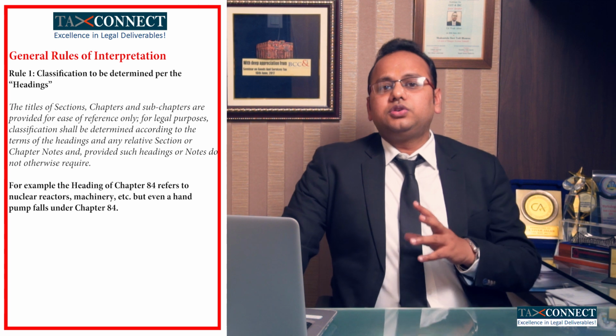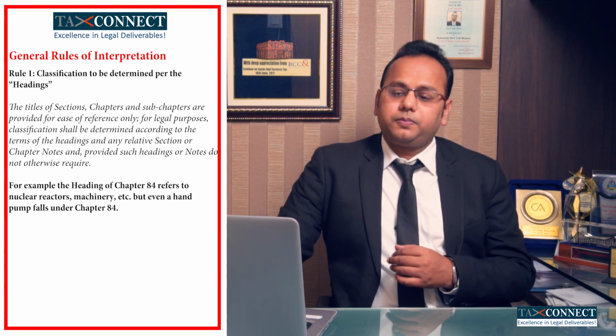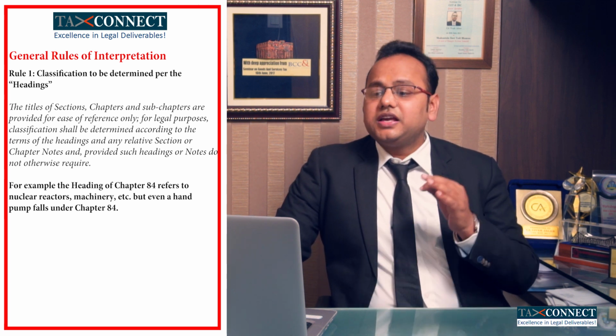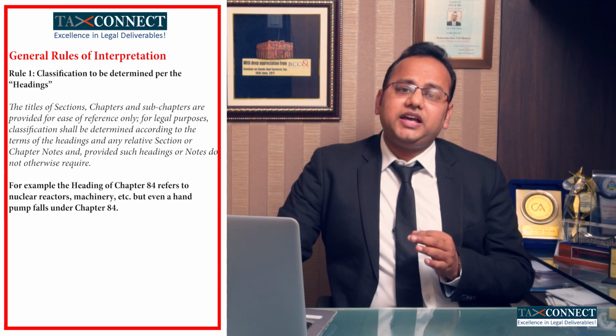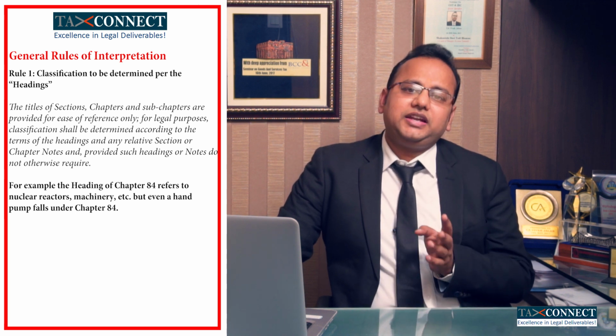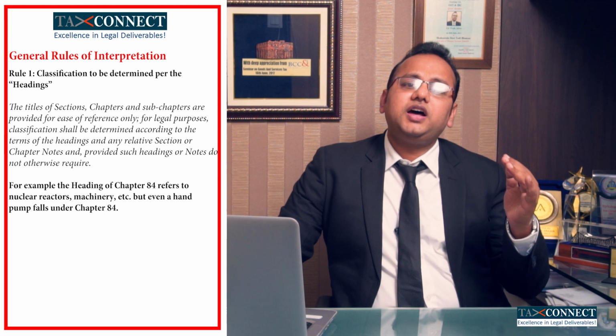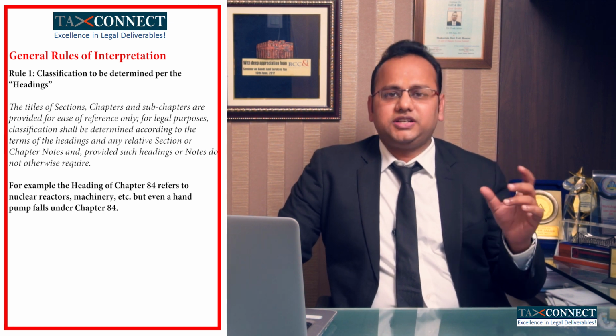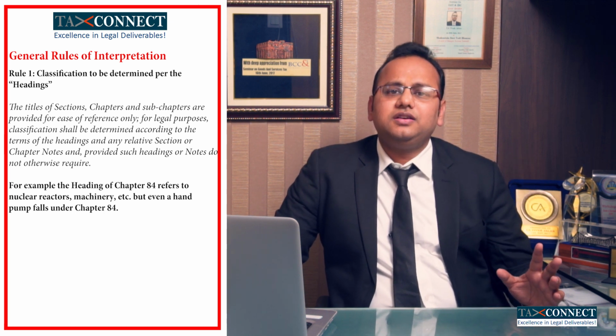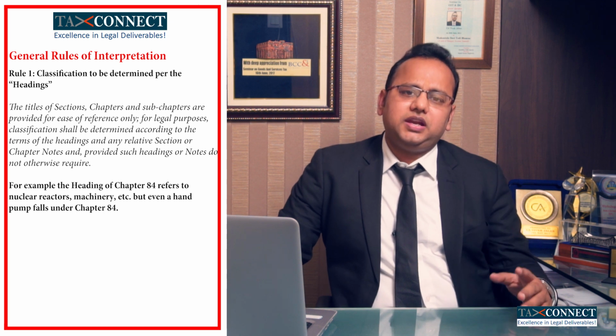Now let us go to the rules of interpretation. First rule is classification is to be determined as per headings. That is, first you need to see the headings, the first 4 digits, and you decide on the classification primarily.